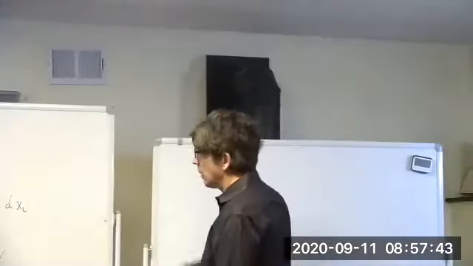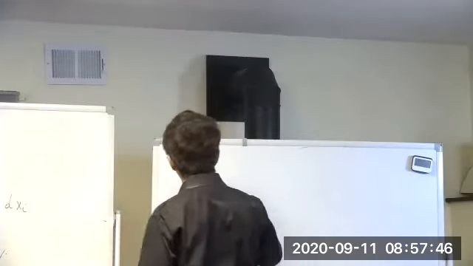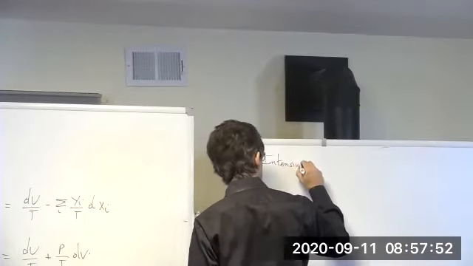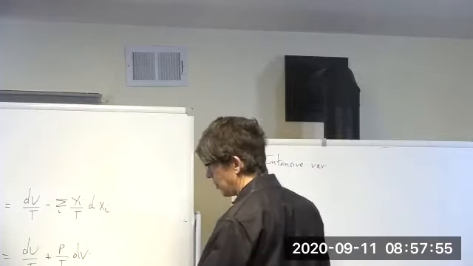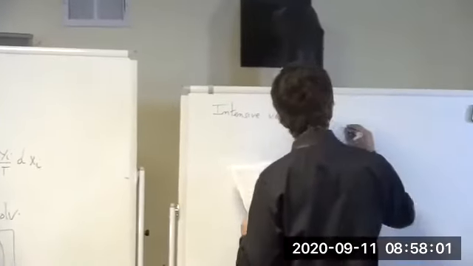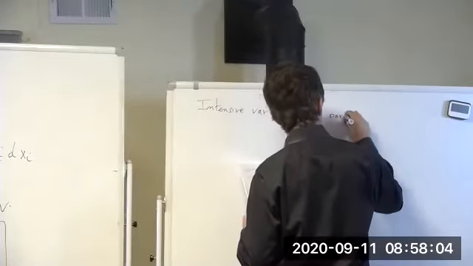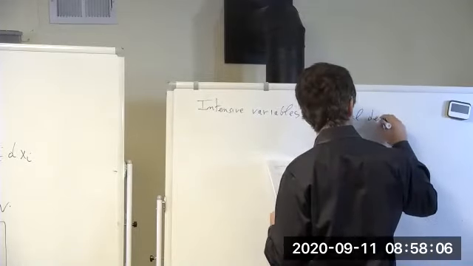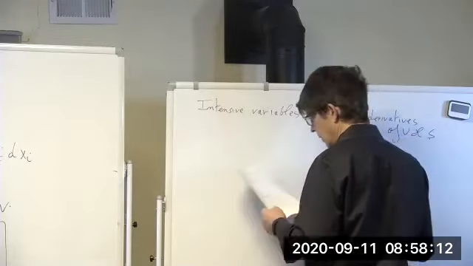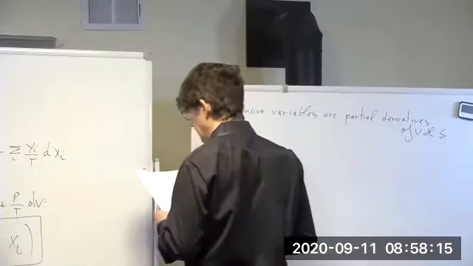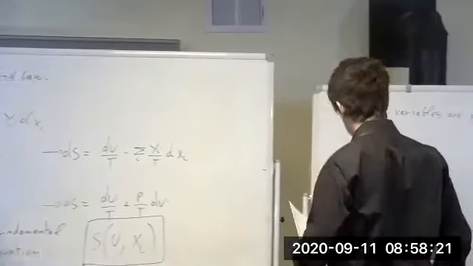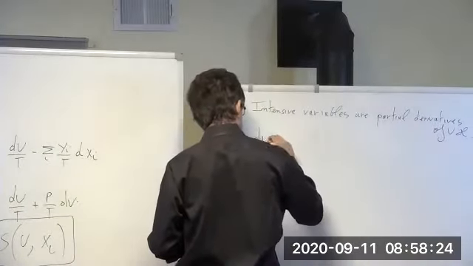So these differentials imply important things. The implication is that intensive variables, so these are the things that are not U, S, and X, right? Intensive variables are the partial derivatives of the fundamental equations. So I can easily show that by taking the multivariable differential of the fundamental equation. So let me do this complex piece of math.